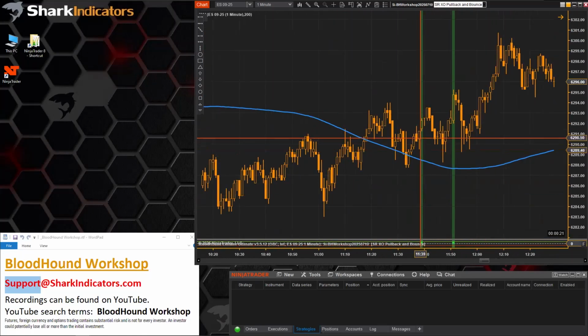And looky here. We had a cross, price moved away, it pulled back and bounced off, but it only bounced off for a couple of bars, and now it's consolidating again. Then we finally get our 5 up bars in a row, and we get a signal.